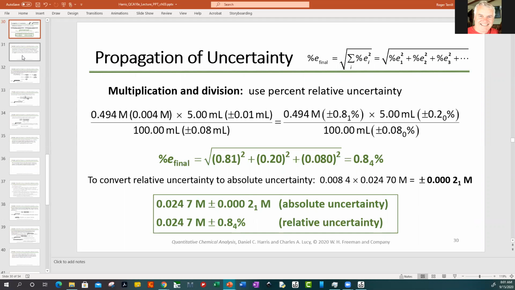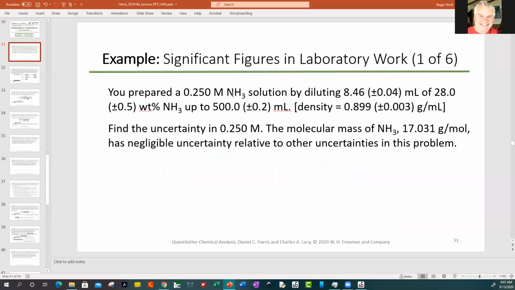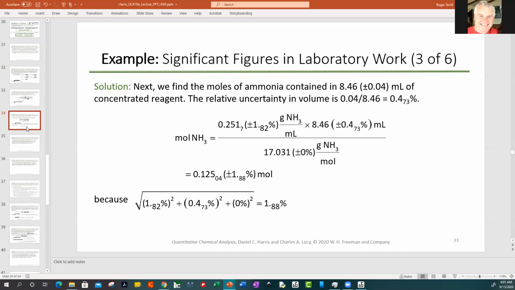Let's see, that was 1231. That was, so this says 34. Okay, so this is a solved one.